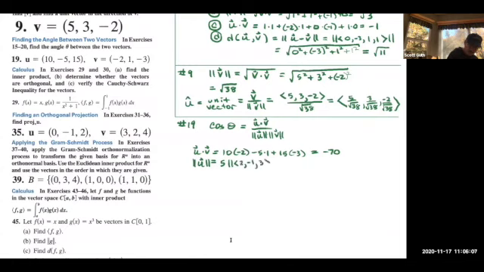That'll be 5 square root of 2 squared plus -1 squared plus 3 squared. That's 4, 5 plus 9 is 14, so that's 5 square roots of 14.